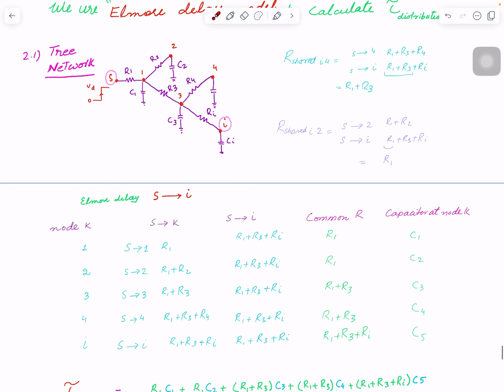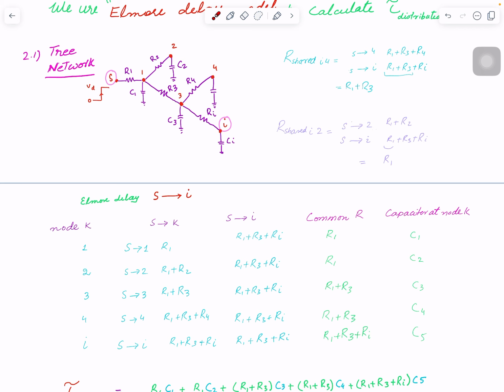So let's say we want to find the delay between the source S and this node i. What we do is we go through every node, because there is an impact of every node. First, node 1. For each node, let K be that node. K is 1 here.